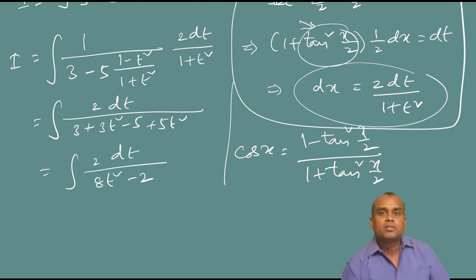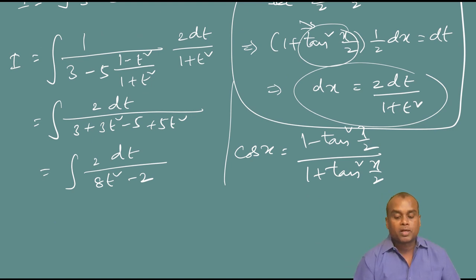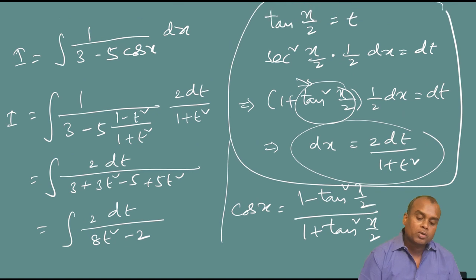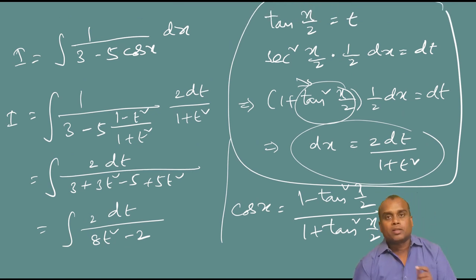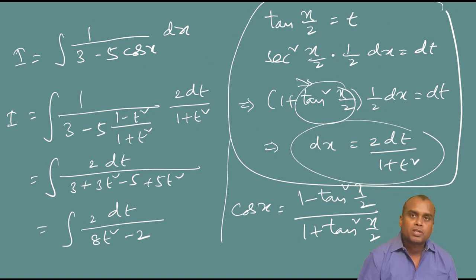You can see that it is integral 1 by a quadratic and you know how to evaluate it. So I leave it there. Understood? I want you to observe how we converted the trigonometric function once again into an algebraic function, and that too a quadratic, 1 by quadratic here. Understood? And that is why we should be very good at quadratics. Okay?